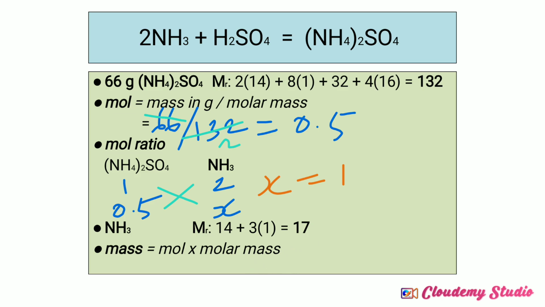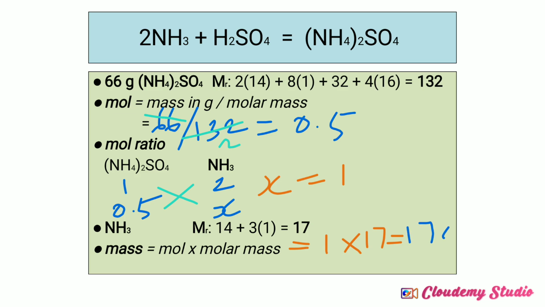So we substitute here. Mass is equal to mole times molar mass, that is 1 times 17. If you multiply, the result is 17.